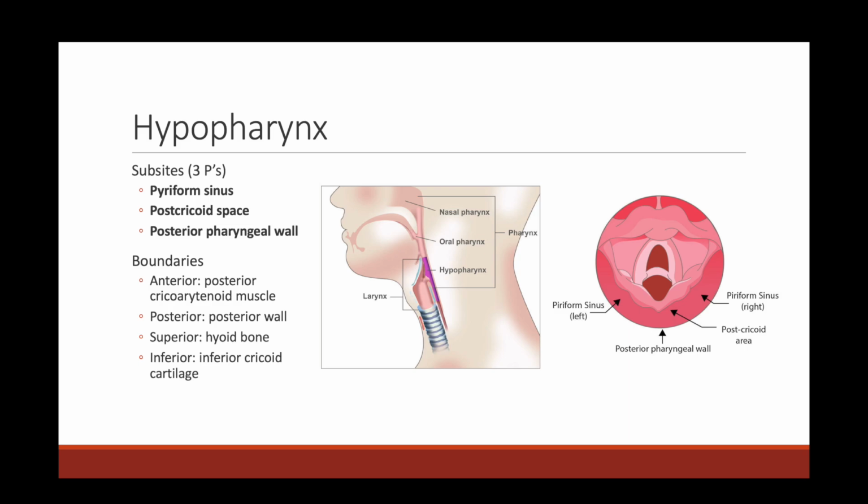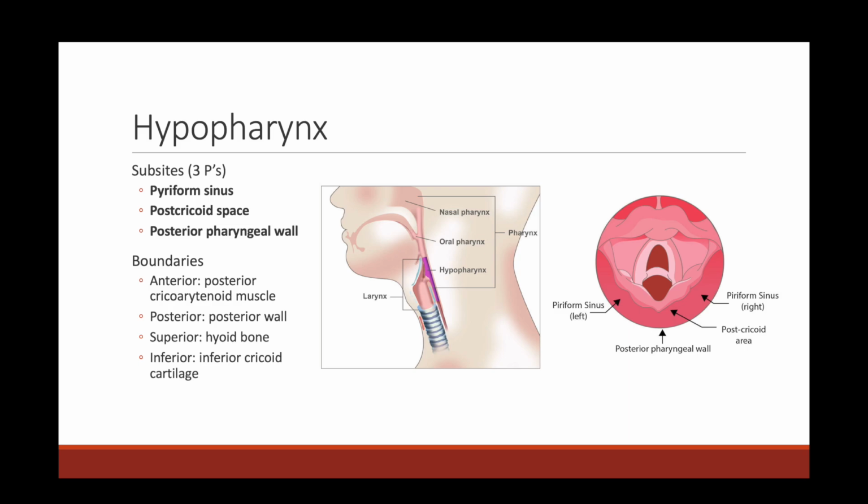Within the hypopharynx, there are 3 subsites, which are easy to remember with the mnemonic 3 Ps: the piriform sinus, the postcricoid space, and the posterior pharyngeal wall. The posterior pharyngeal wall is easy to think about because it is just an extension of the posterior pharyngeal wall that was part of the oropharynx.